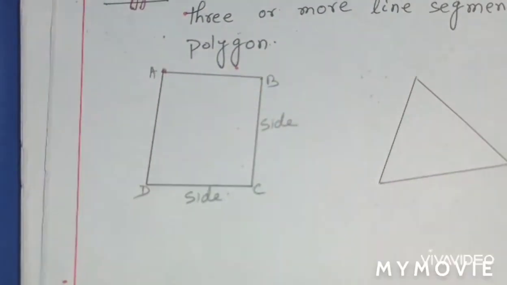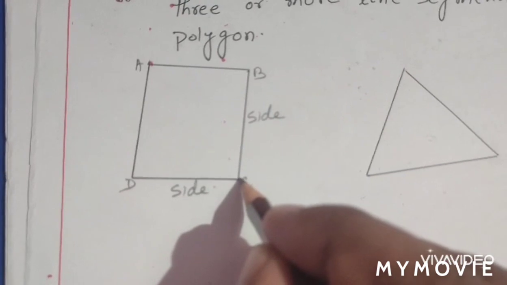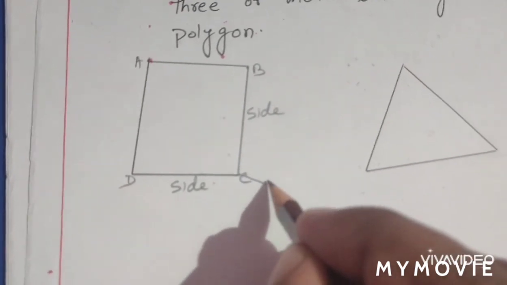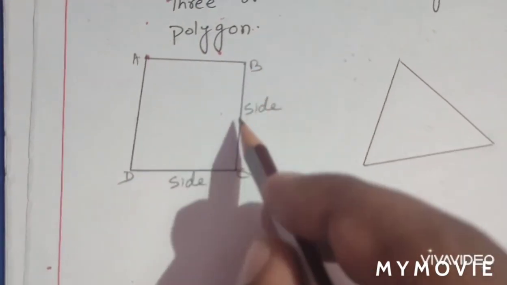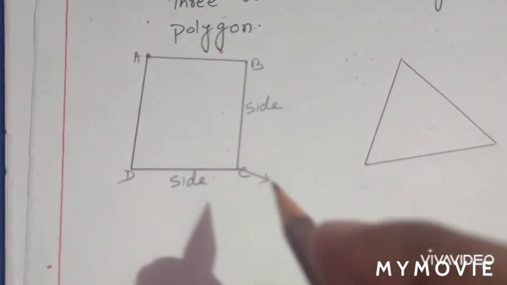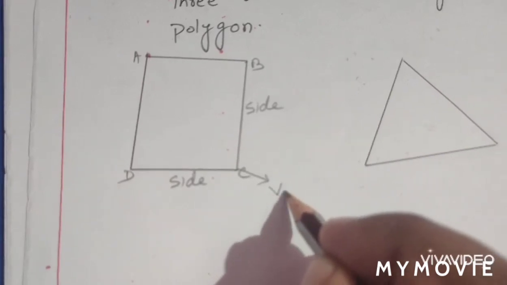Next, the joining point of two lines, this one and this one, is called your vertex.